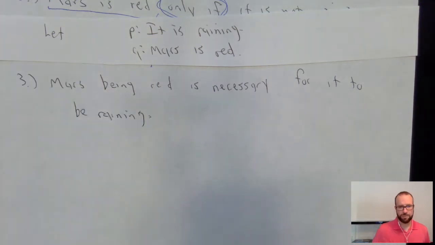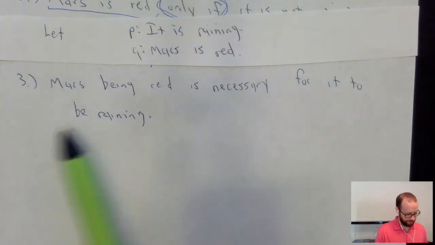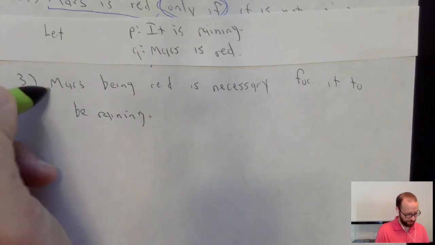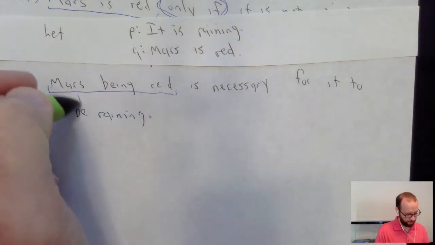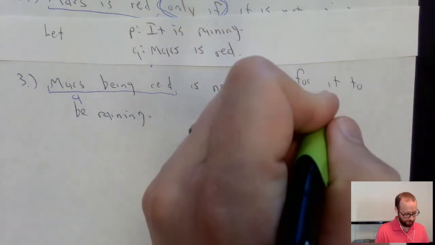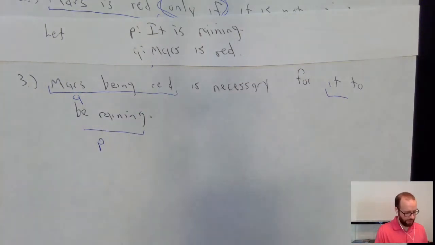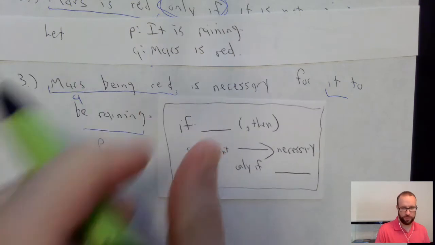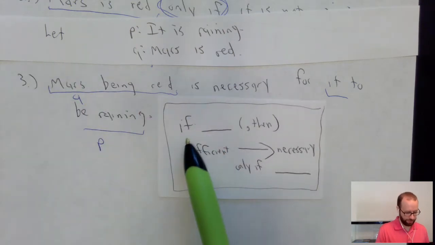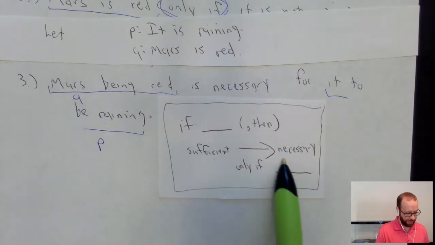Okay, here I have Mars being red is necessary for it to be raining. Let's check our simple statements. Mars being red, that's Mars is red, so that's a Q. For it to be raining, it to be raining is P. Then let's check our table. What keyword do we see? There aren't any ifs, no sufficient. Necessary.